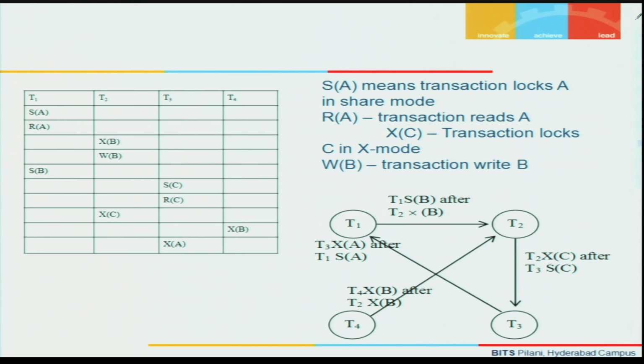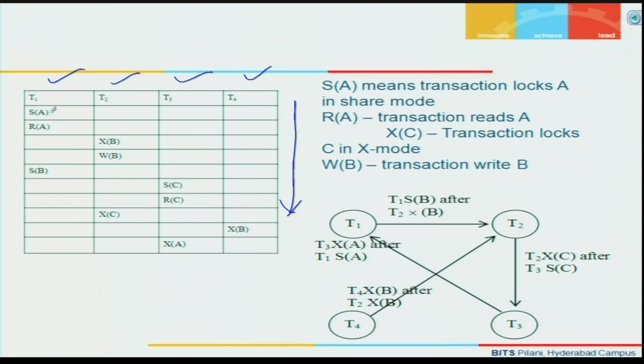Let us have a look at this schedule, which contains T1, T2, T3 and T4 transactions, and the corresponding instructions of these independent transactions are given there, and the y-axis indicates the sequence or ordering of execution of these instructions from multiple transactions.